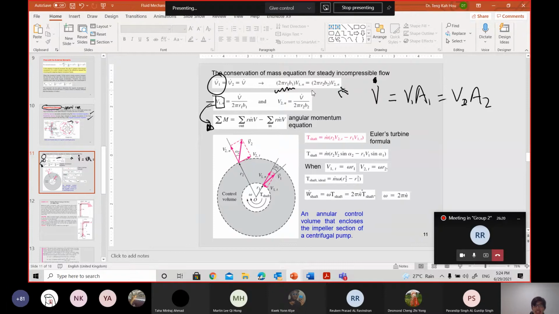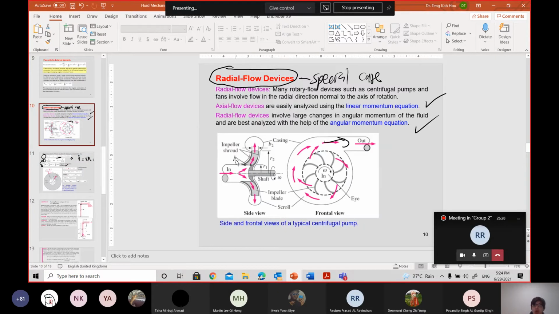And once you get your angular momentums, this is the difficult part, to be honest. After you get your angular momentums, in fact, all the energy is driven to the shaft, right?